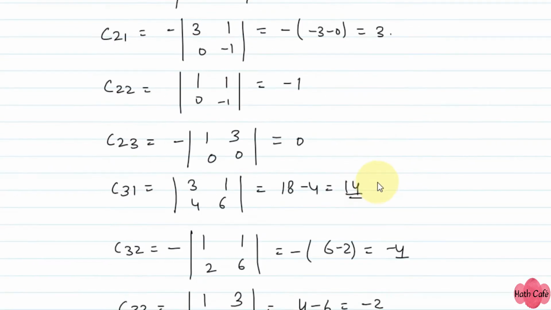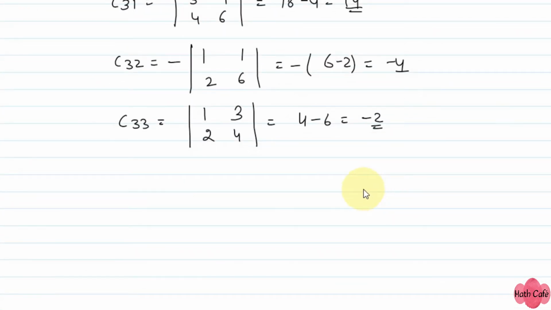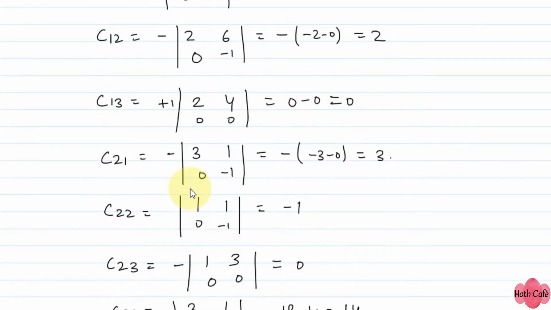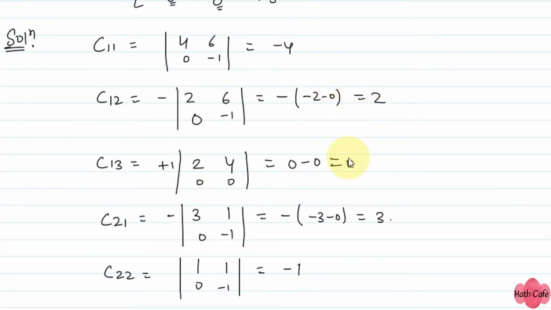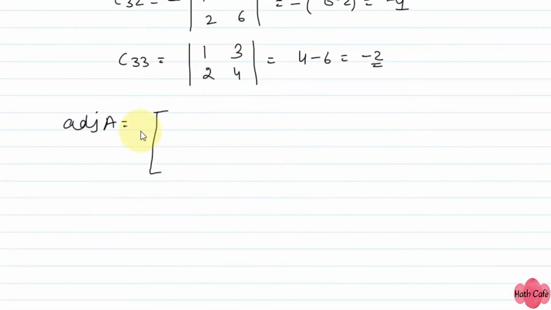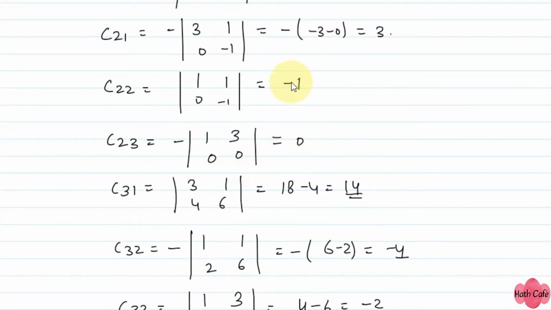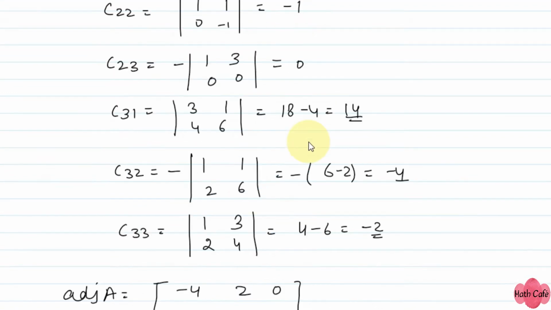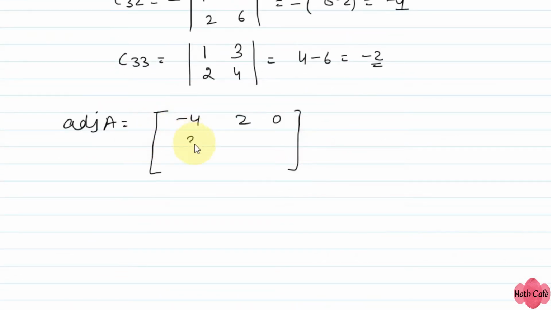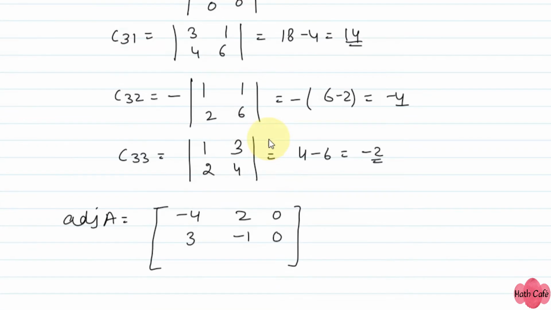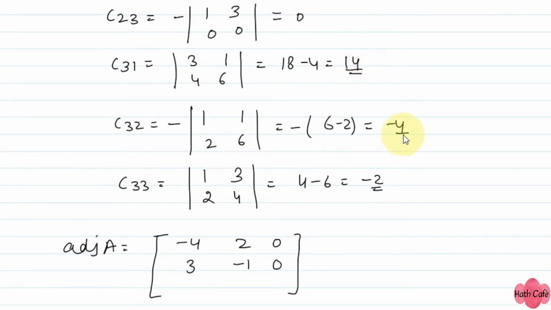Finally we will get the transpose of the matrix of cofactors. So finally adjoint of A will be: C11 is nothing but minus 4, 2 and 0, and C21, C22, C23 is 3, minus 1, 0, and finally C31 is 14, minus 4, minus 2.